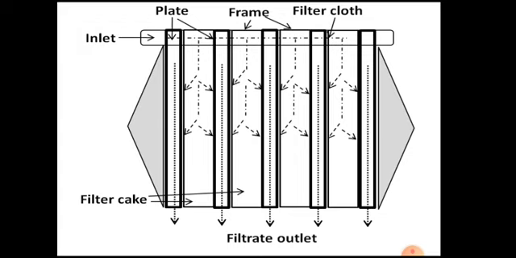Once the frames are filled with the filter cake, the dismantling is done, and the plate frame network is dismantled, cleaned, and then reassembled, which will be then ready for the next batch filtration. That is why it is called a batch filter.